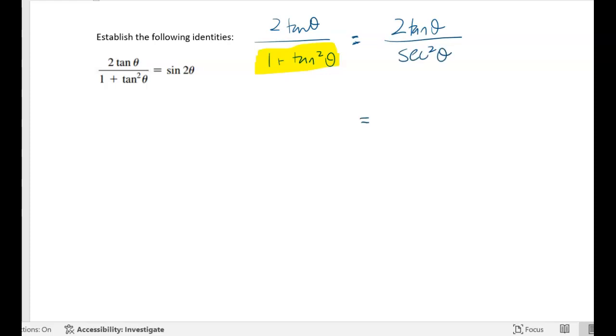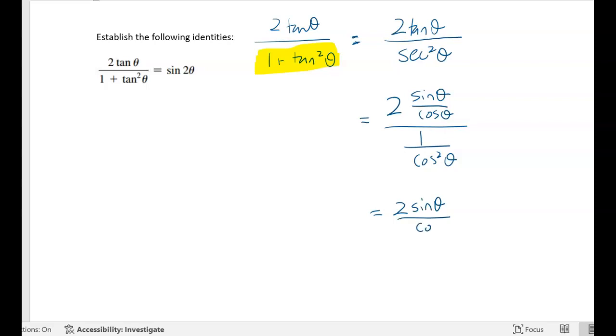Okay, so that's not bad. Now maybe I'm stuck at this point. So now I'm going to go with my change everything to sine and cosine, which is a pretty common method. And of course, secant is 1 over cosine, so secant squared is 1 over cosine squared. And then I have a complex fraction here, so I'll have 2. We can put the 2 up top. That's the same thing.